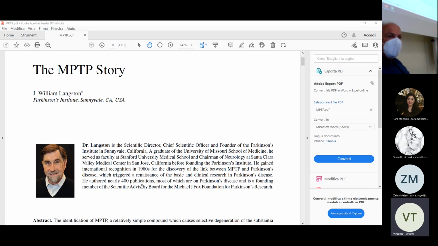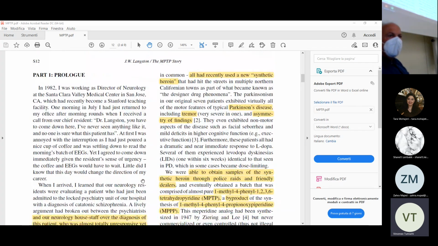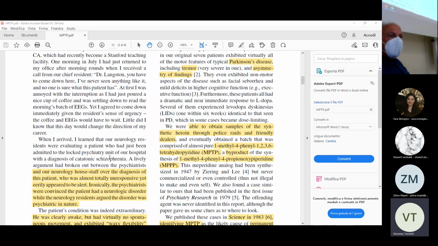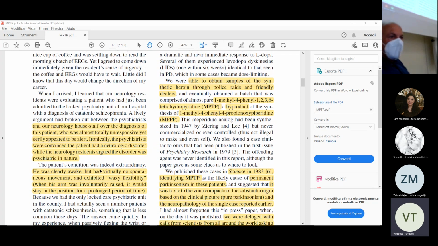And he received in that time a lot of communication about strange effects on a lot of people who used a synthetic heroin. You see here in yellow the important point of this article.